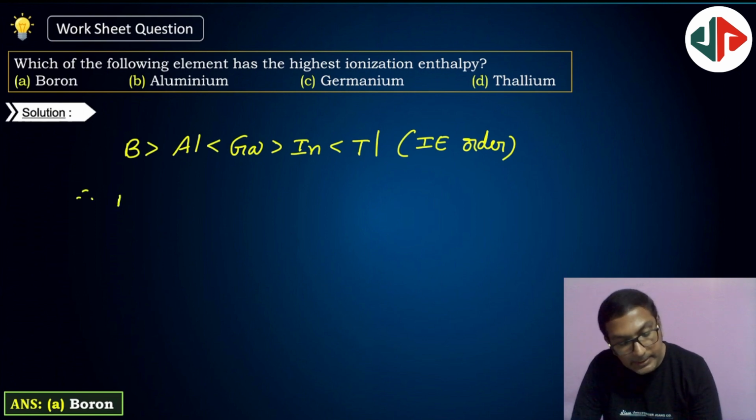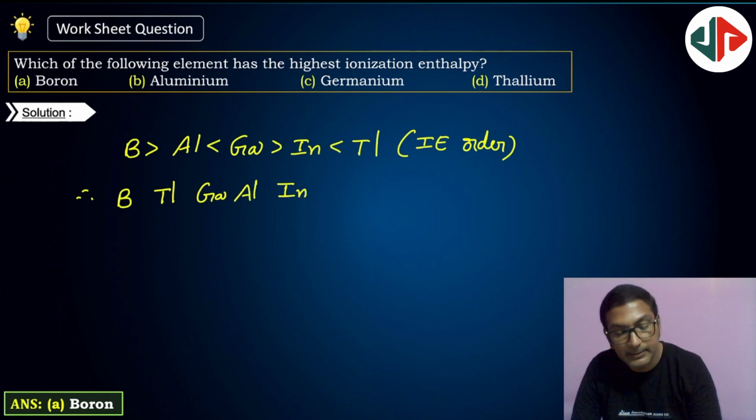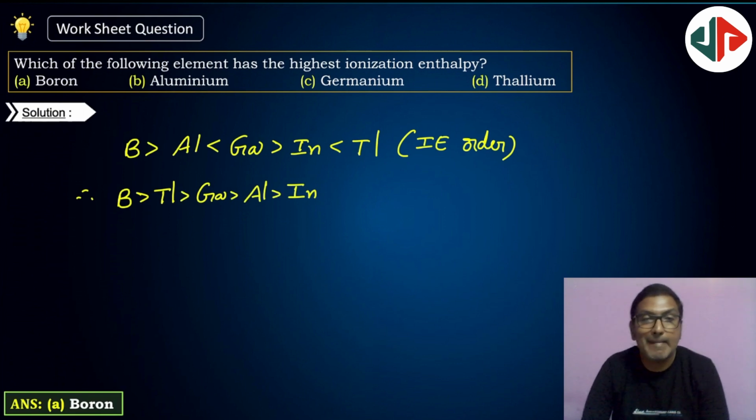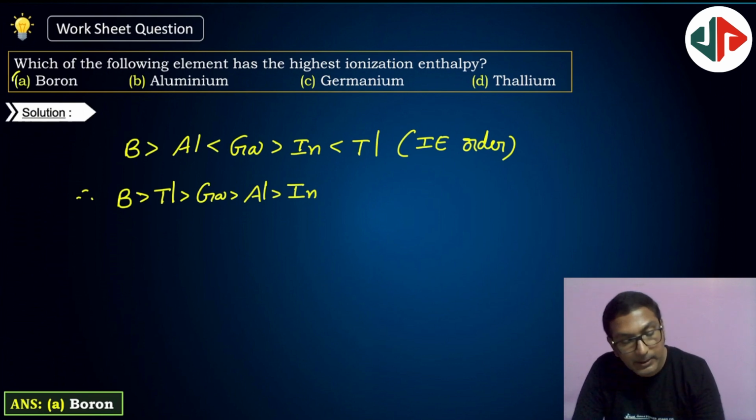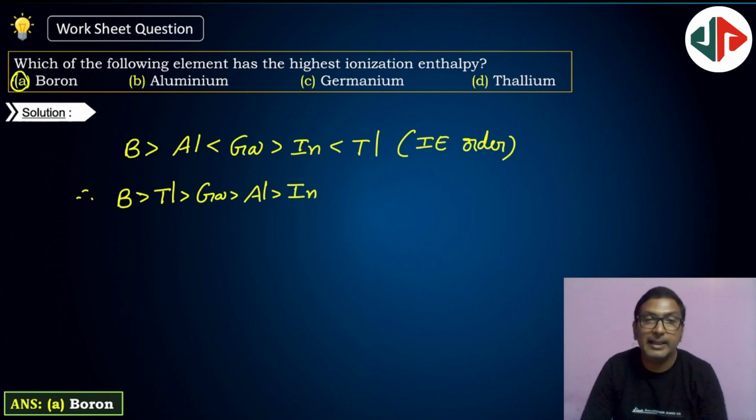Or we can write like this: B, T, G, A, I. B means boron, thallium, gallium, aluminium and indium. BTGAI. This is the order. So therefore boron has highest. After that thallium, next gallium, next aluminium, last indium. Ionization energy order very, very important. Greater than, less than, greater than, less than. Next.